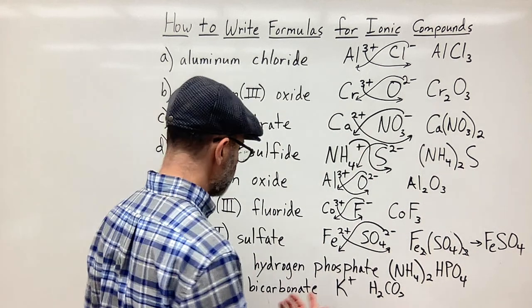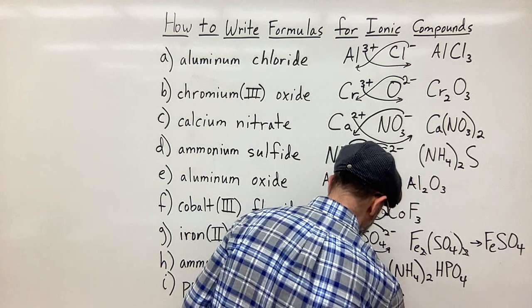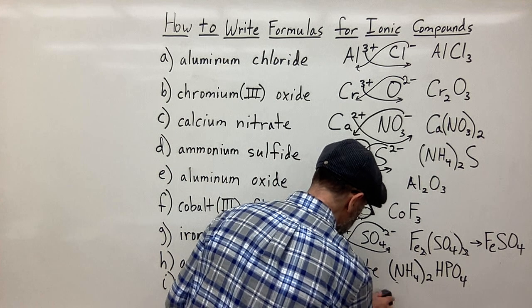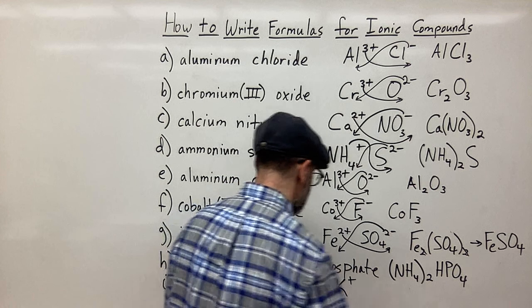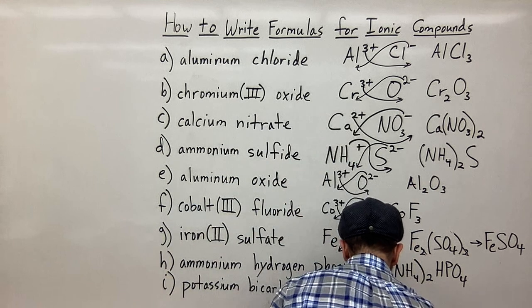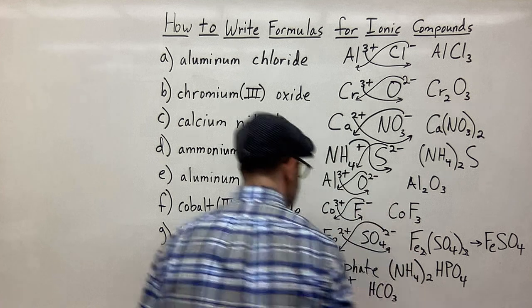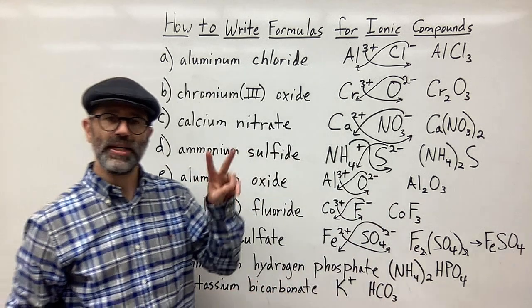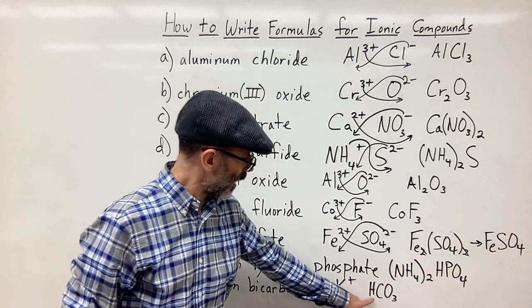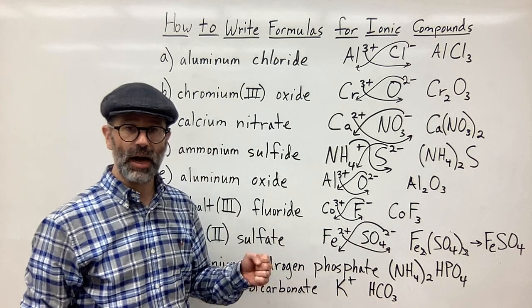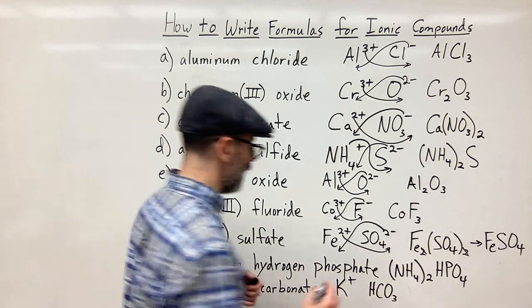Give me a second. Sorry about that. I made a mistake. This is actually HCO3. So bicarbonate only has one hydrogen. So again, CO3, carbonate, has two negatives. And so if you have one hydrogen on there, then you subtract a negative, and now it has just one negative on there.